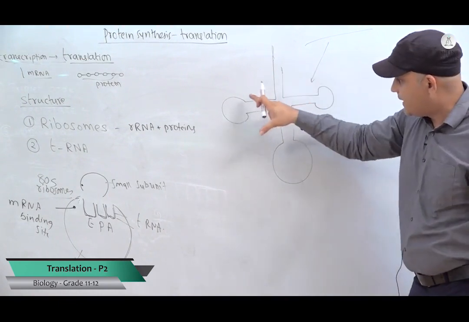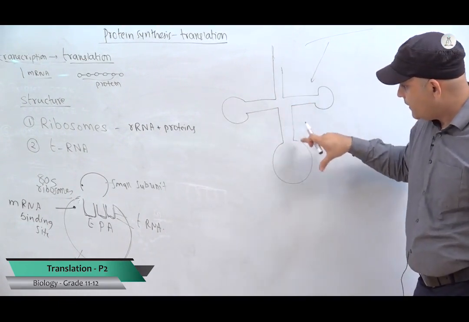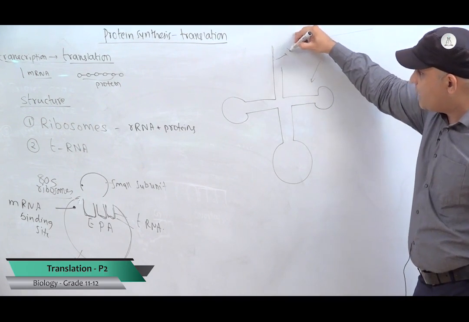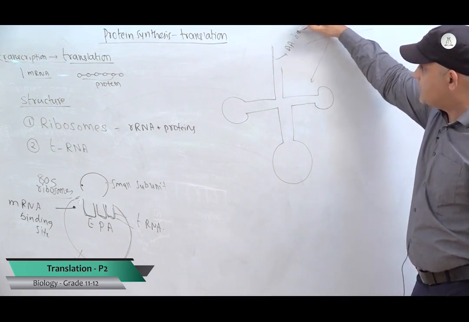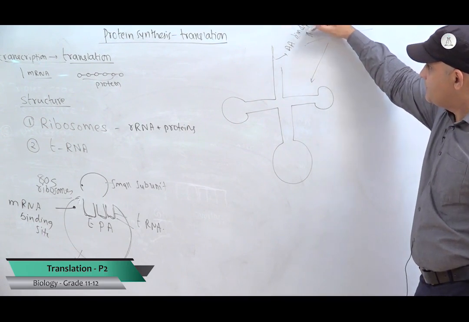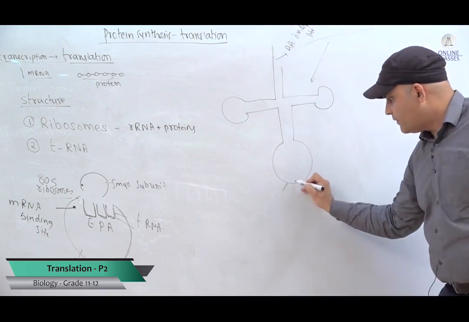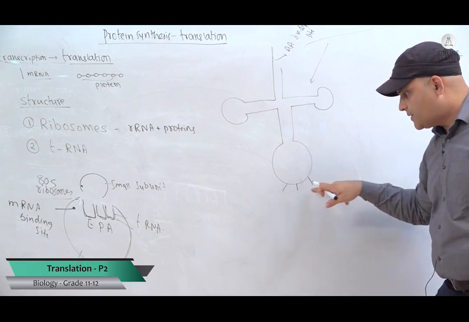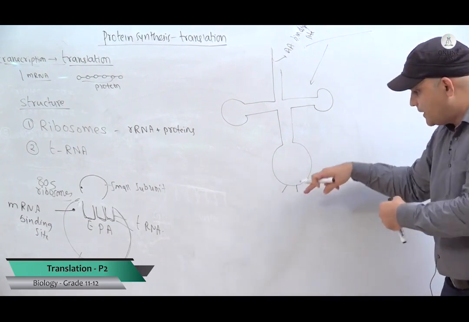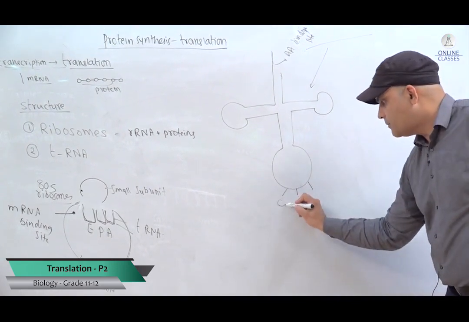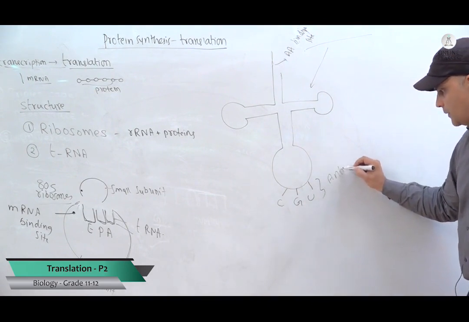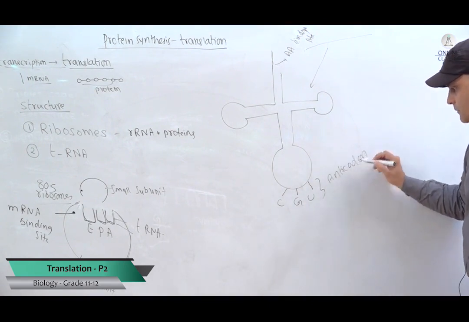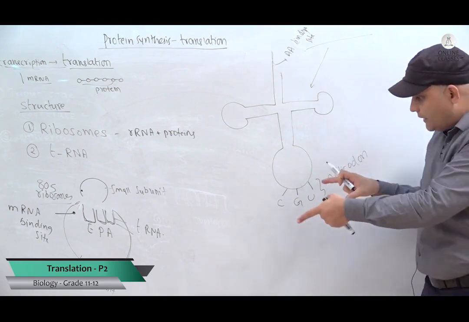It is folded, it has loops, and it has a binding site for amino acid on one end. On the other end you have 3 nitrogen bases projecting out, for example CGU. This is called the anticodon. It will be complementary to the mRNA codon.